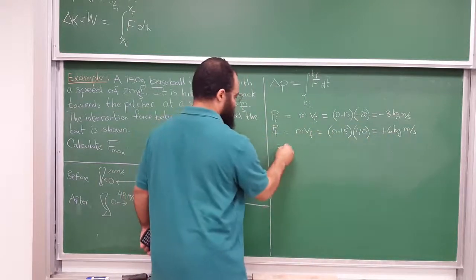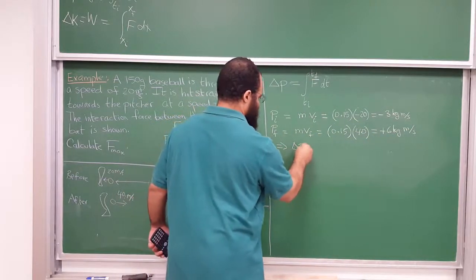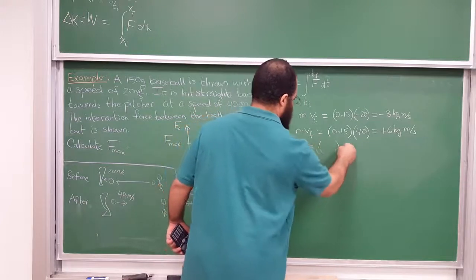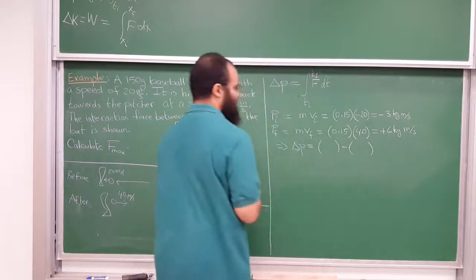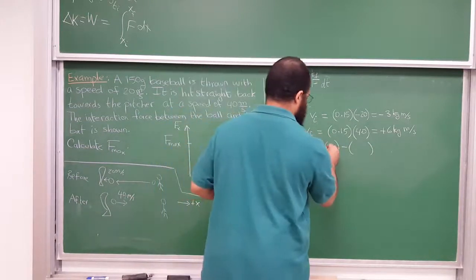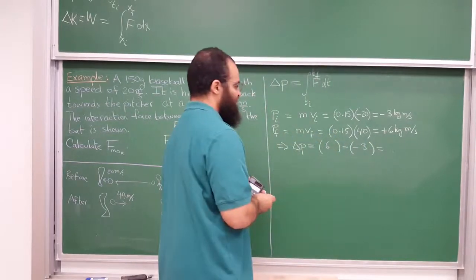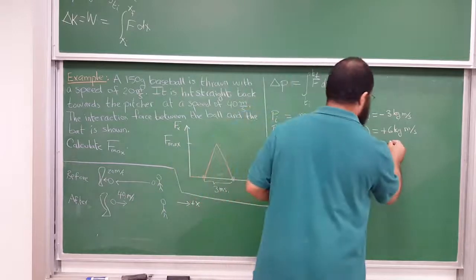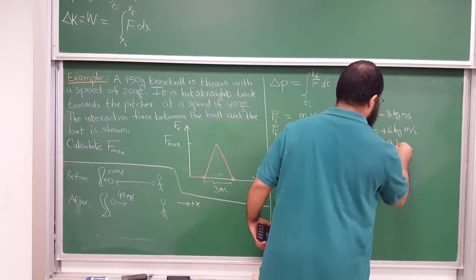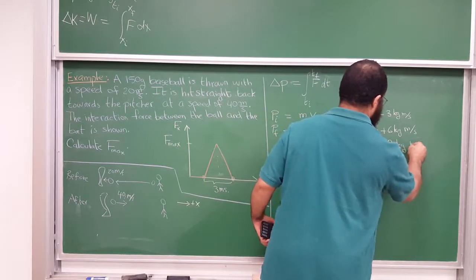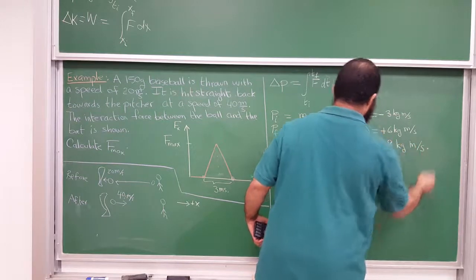That means the change in momentum will be the final momentum minus the initial momentum. The final momentum is 6 and the initial momentum is minus 3. And so you will get 6 minus 3, that's positive 9 kilogram meters per second.